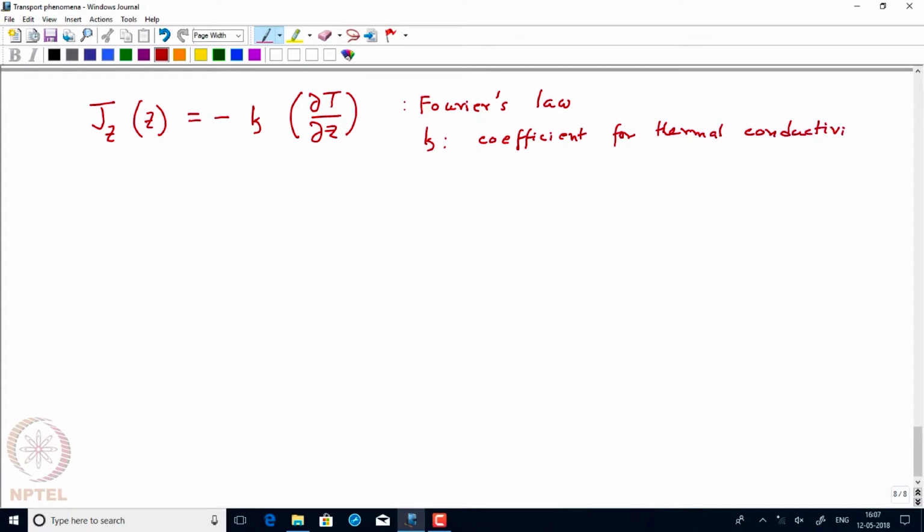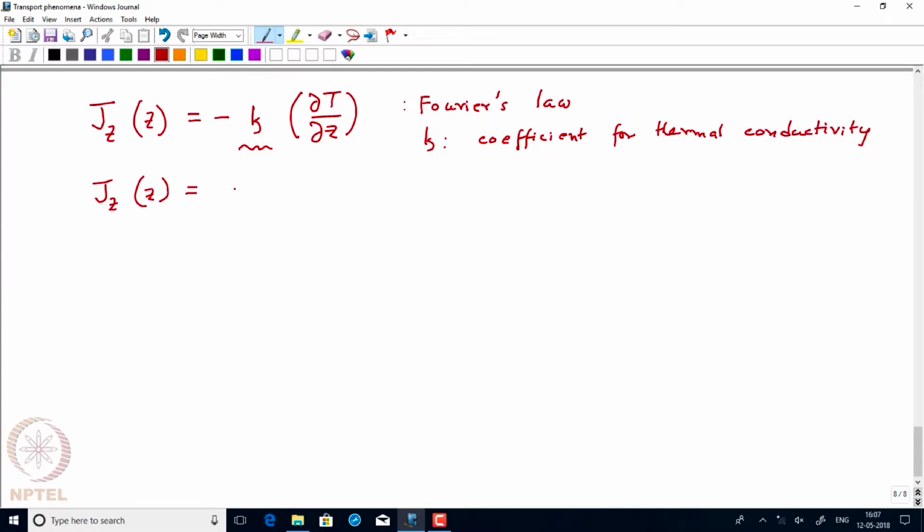Now, using the relationship which we developed for Z, the question is how can we actually get a mathematical form or some formula for kappa.